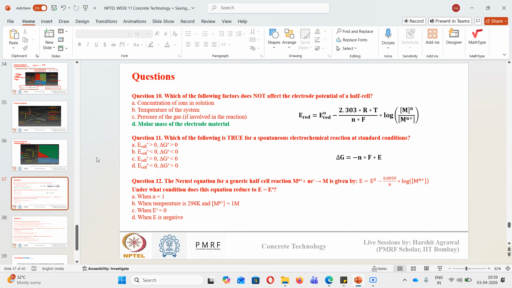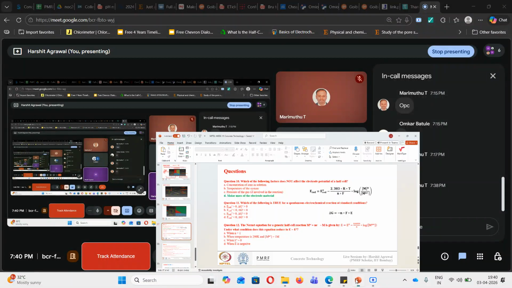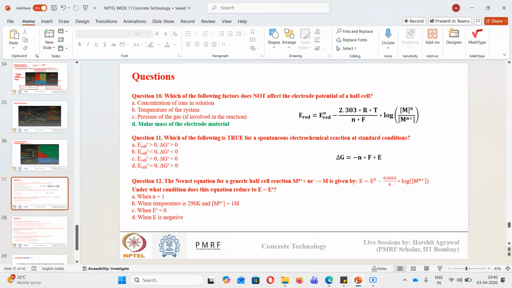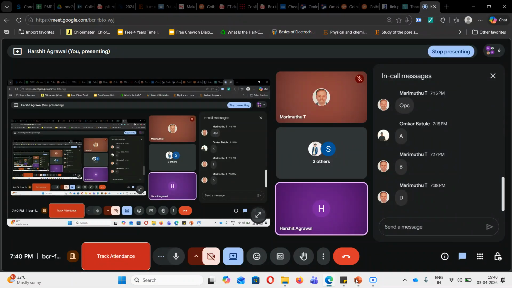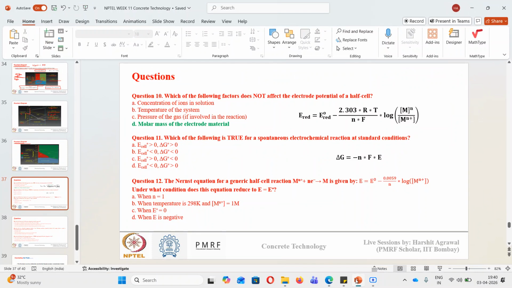So for a corrosion reaction, what should be E and what should be delta G? Any guess for question number 11?